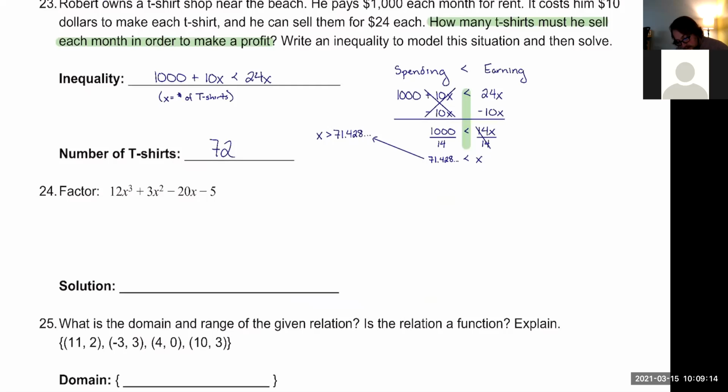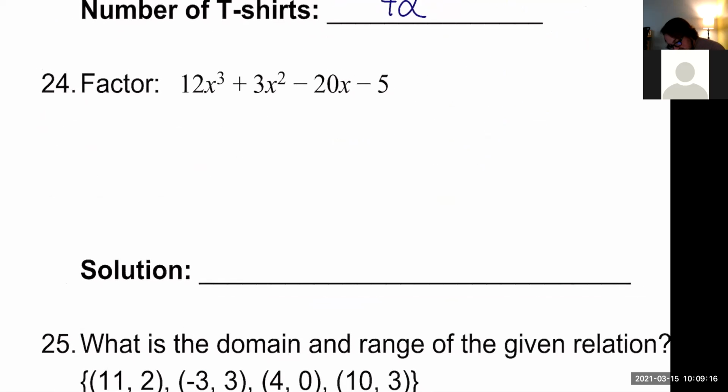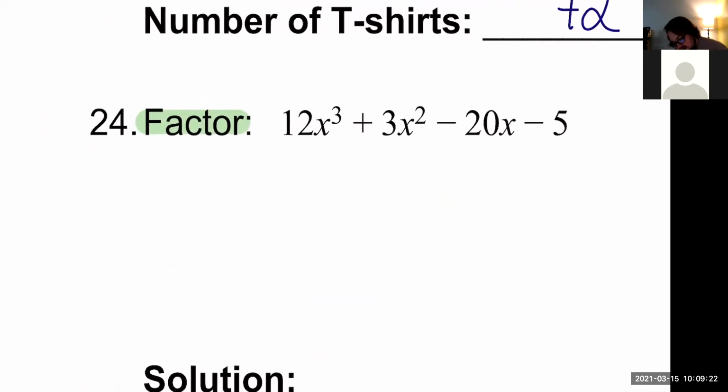All right, number 24. There's that word again, factor. Now I know we've had a weekend between the first half, but just a quick recall. We wrote all things about factoring back on page 1.